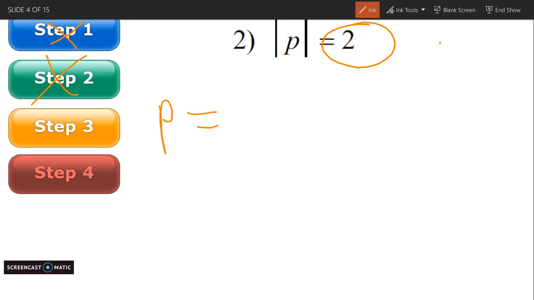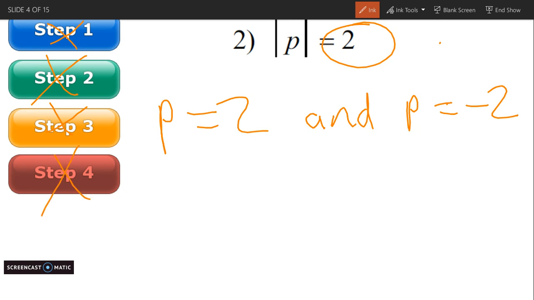Left side as is, right side as is for the first equation. The second equation, left side as is, but the right side has to be negative. And then step 4 would be to solve, if there's anything to solve. In this case, p is already by itself, so we do not need to solve anything. And we can go back and check our answers. The absolute value of 2 is 2. The absolute value of negative 2 is 2.